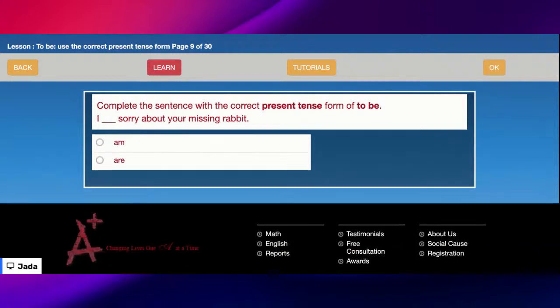I dash sorry about your missing rabbit. Which of the options is the most correct one?